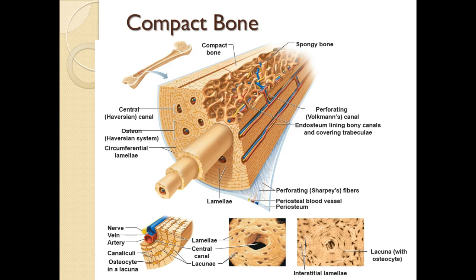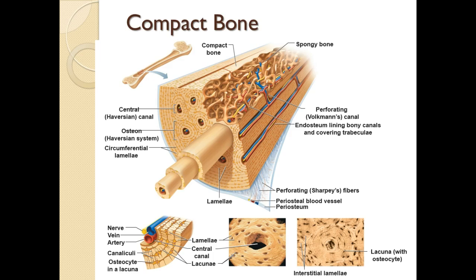You have the concentric rings of bone called the lamella, and between each ring, you have small spaces which are called lacuna, and the lacuna are the spaces where the bone cells actually live. So the osteocytes reside in the lacuna, the spaces amid the lamella. Okay, so you see the osteocytes, again, those are the bone cells within the lacuna.